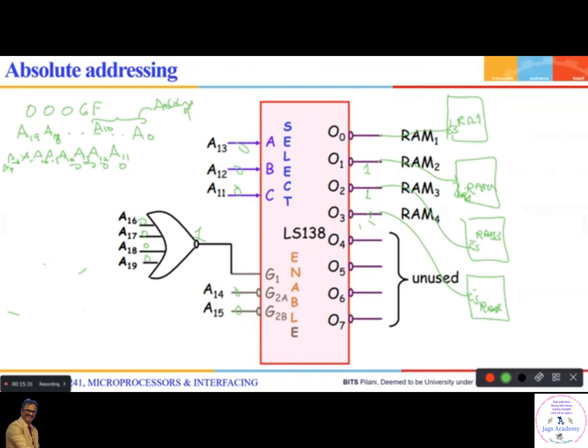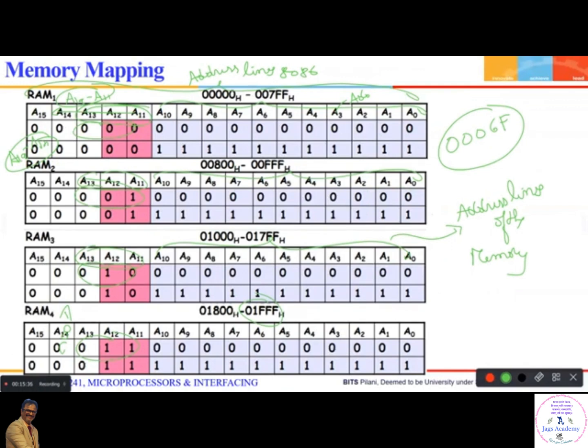You know that in this particular table, for this address range, you can see that all these are zero, except these that change, all are zero for all the 4 chips. Can you see this? Yes or no?